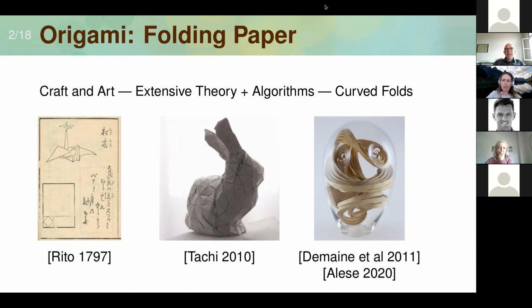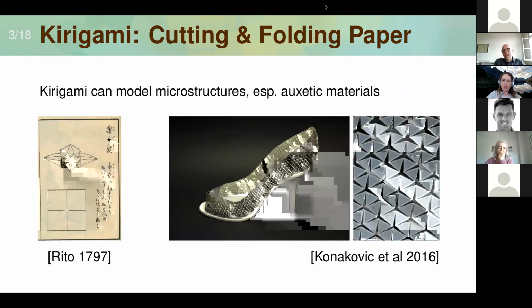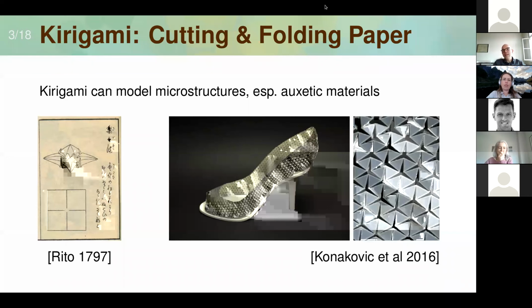The lesser known brother of origami is Kirigami. Literally, it means the cutting of paper, but what is meant is cutting and folding of paper. I can quote the same textbook from 1797 because it has not only origami patterns in it, but also Kirigami.